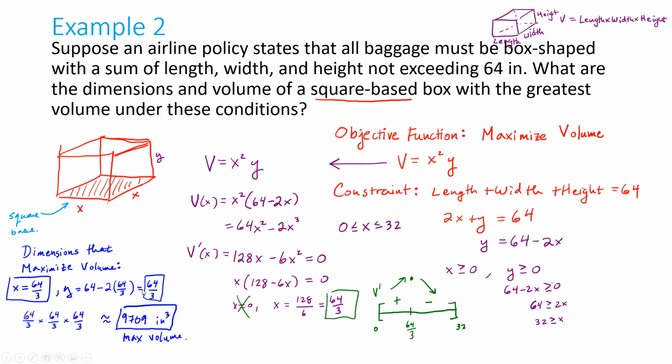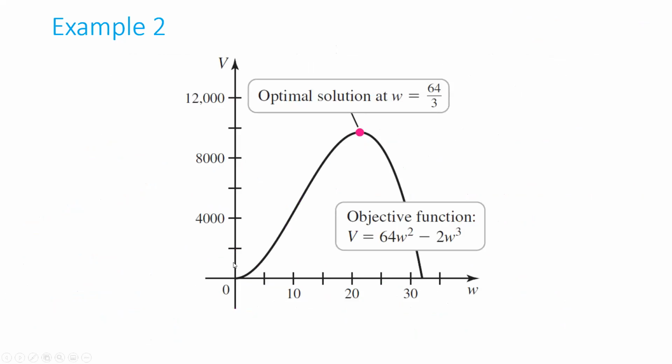And in this case, notice it's a cubic graph, but here we can see when I graph that function, it reaches that optimal value at 64 over 3, where the height there would be what we found, 9,709 approximately.